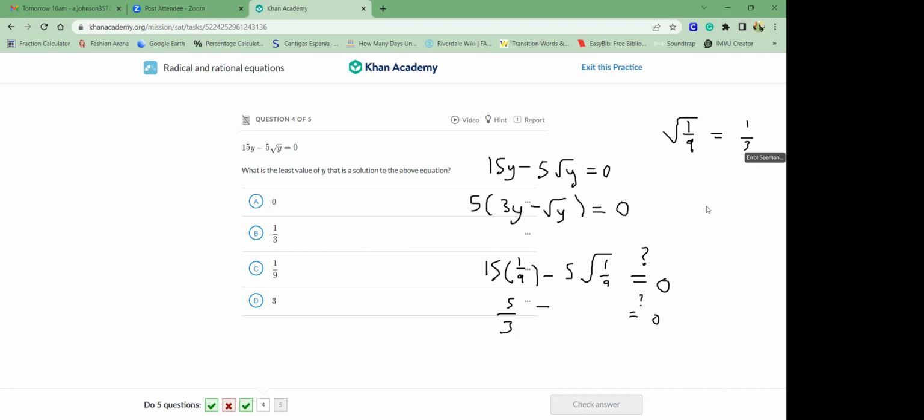And then 1/3 times 5 is 5/3. So this one does check out.